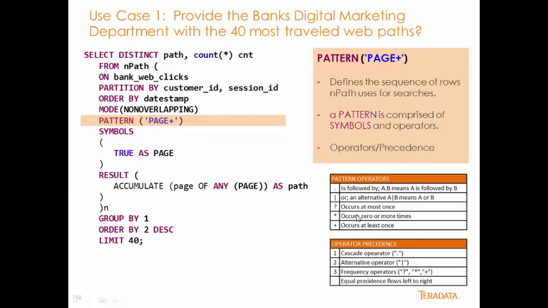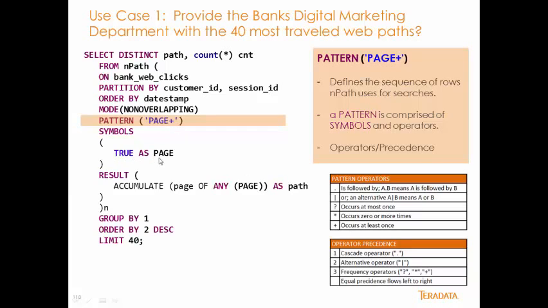And then the asterisk means that it occurs 0 or more times. This is important because it means it doesn't have to happen. It can happen as many times as it wants to, but it can be 0 as well, which is really critical as we look at occurs at least once. The plus sign means that the symbol must occur at least one time. That's what we're using here, page plus.